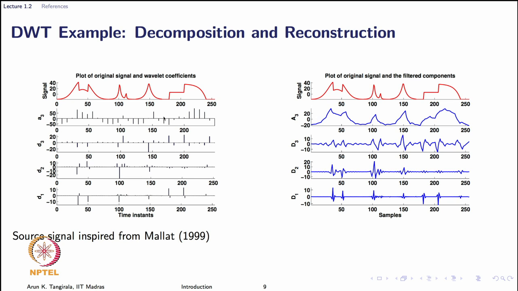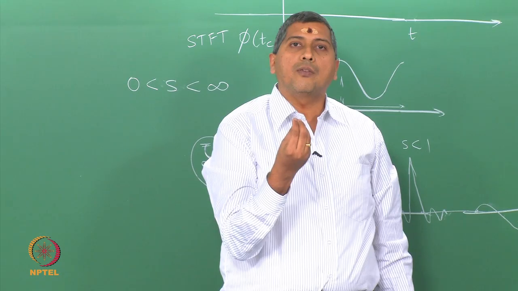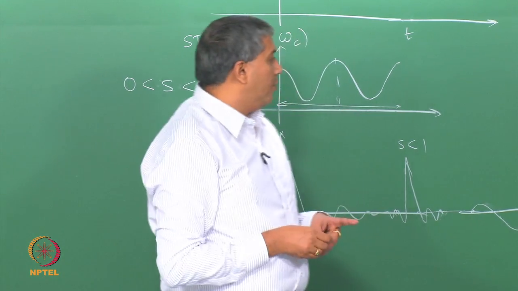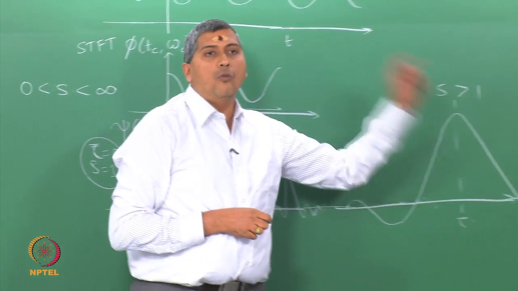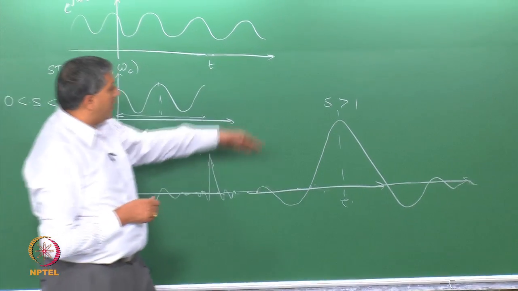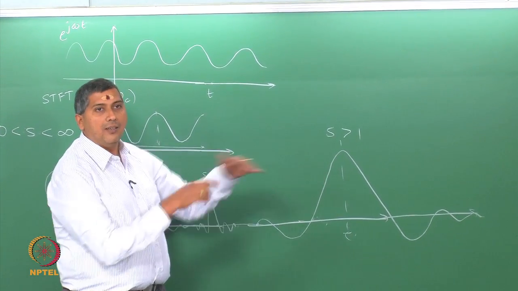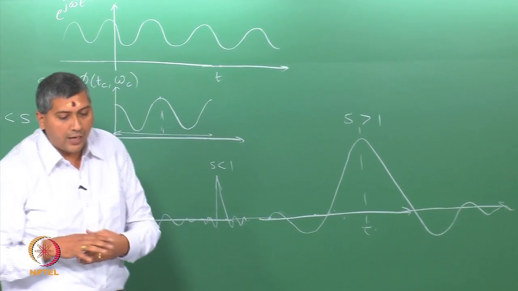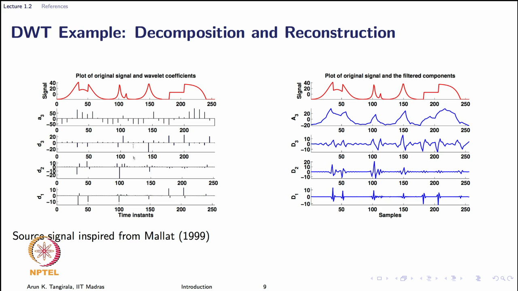The second panel here consists of what are known as approximation coefficients, which is the transform of the signal at the coarsest scale. What we mean by coarse is the scale at which the low frequency wavelet exists. And then at the bottommost, you have the coefficients computed at the finest scale, that is the narrowest wavelet that you are using in your analysis.